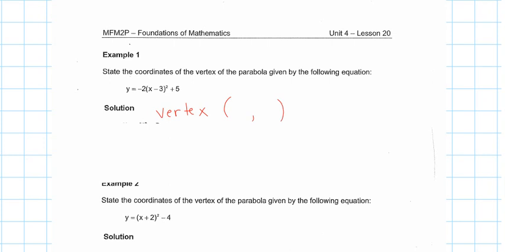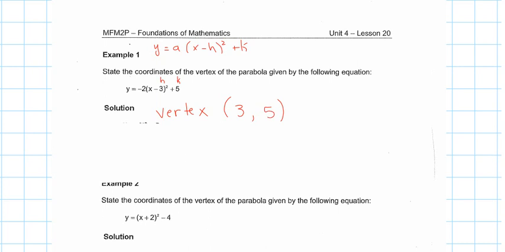It's a point. This part is the h part, and this part is the k part, yes? Because if I look at this, y equals a(x minus h) squared plus k. Okay? So this is the h part, this is the k part. The vertex is 3, 5.